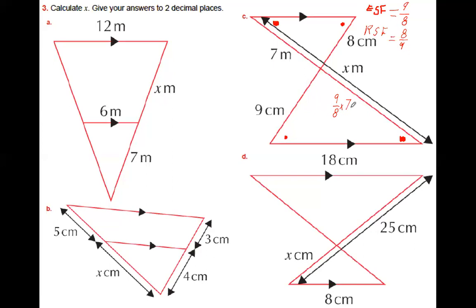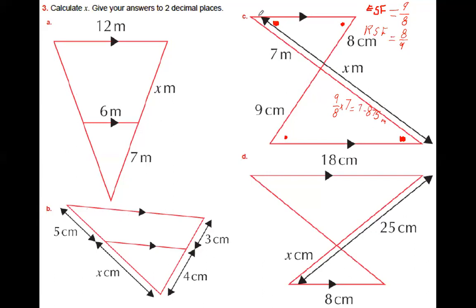So 9 times 7, 63, divided by 8, 7.875 for this distance.